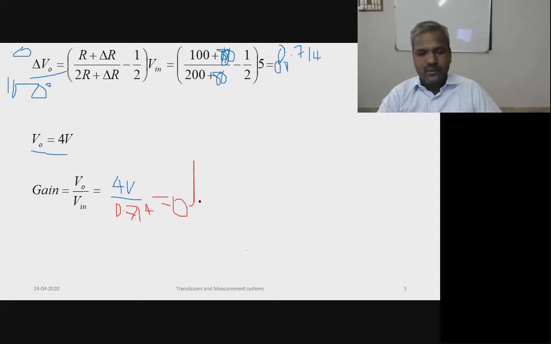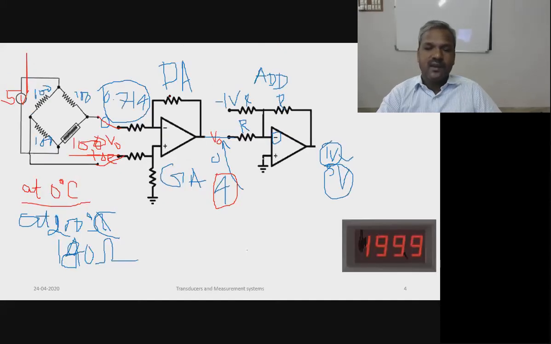So for 0.8 gain, what is the gain of this differential amplifier? Nothing but RF by R1 or R. These are all R. So RF by R should be 0.8.